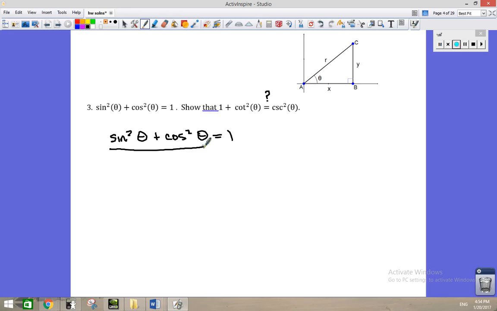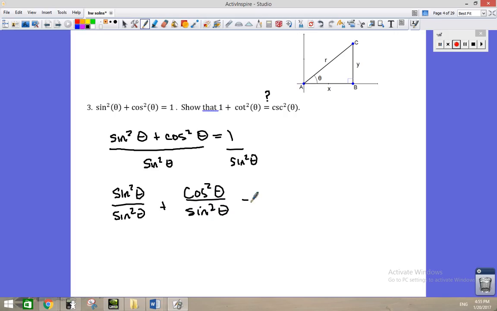If I divide the left-hand side of this equation, then to balance the equation, I need to divide the right-hand side. On the left-hand side, I have a single fraction. I know that I can split this up, and I can take this first term, which gets divided by sine squared of theta, and I can take this second term, cosine squared of theta, divided by sine squared of theta.